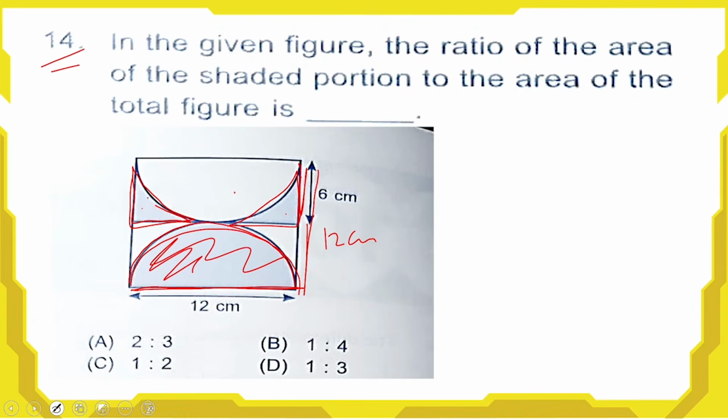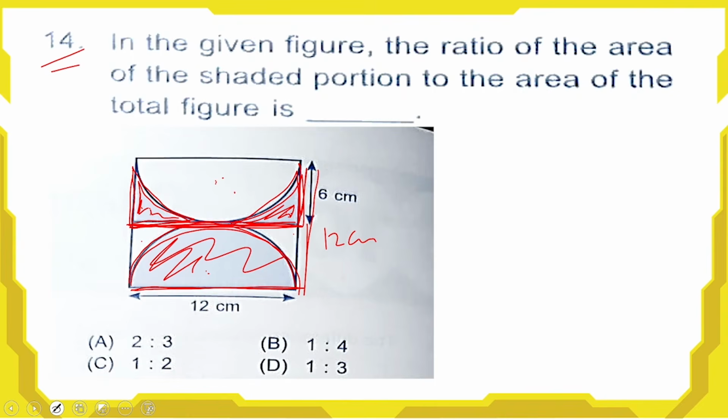Here edges are empty but the circle is full. Here half circle is empty but edges are full. It means they are equal because this square is divided into two equal parts. It means the area of shaded region and unshaded region is equal.